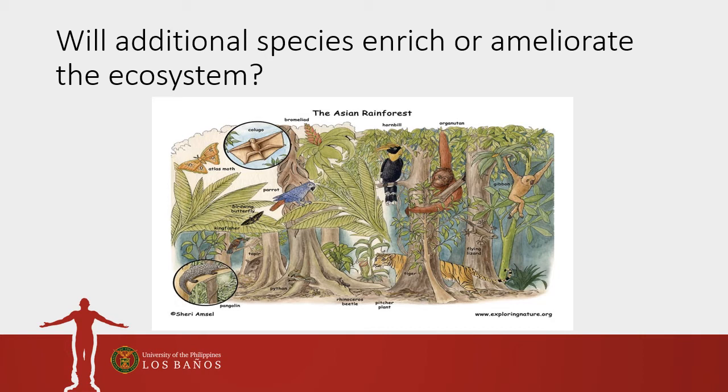So this could be an example of a habitat or an ecosystem that man has conquered. Now, bringing with him additional pet and food species, will this additional species enrich or ameliorate the ecosystem? So that's the question.